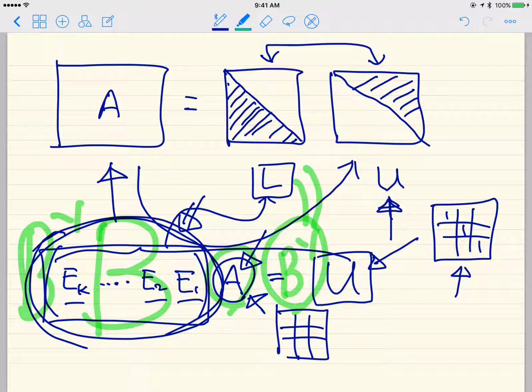So here we have a few questions that we have to answer or think about. The first question is about this part B, the product of elementary matrices, or the matrices corresponding to the row reduction: are these matrices invertible?